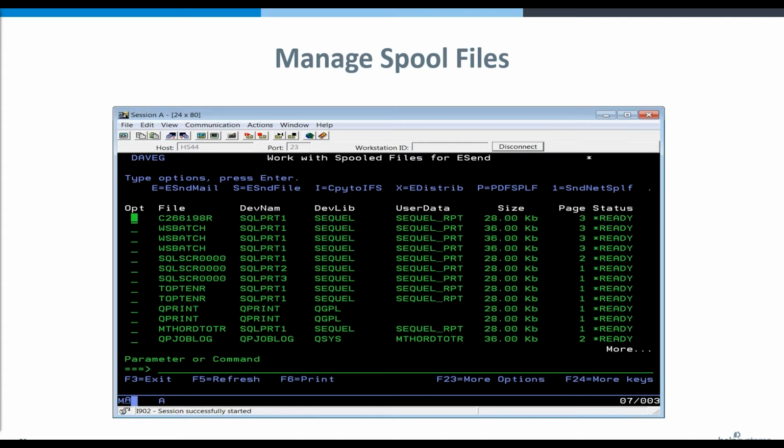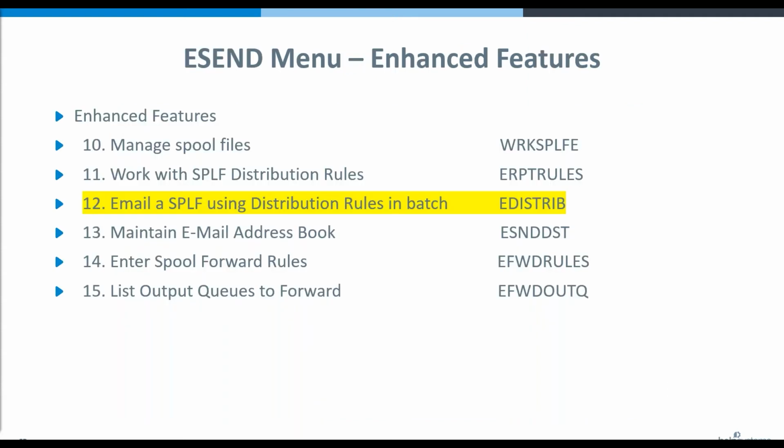The nice thing about combining this on the screen is that instead of having to prompt the ESEND commands and fill in all the spool file information, just putting an option in front of one of these will fill all that in for you. You might have to do nothing but simply put in an email address, or almost nothing. So it's a really great way to automate working with your spool files and doing things with them using ESEND.